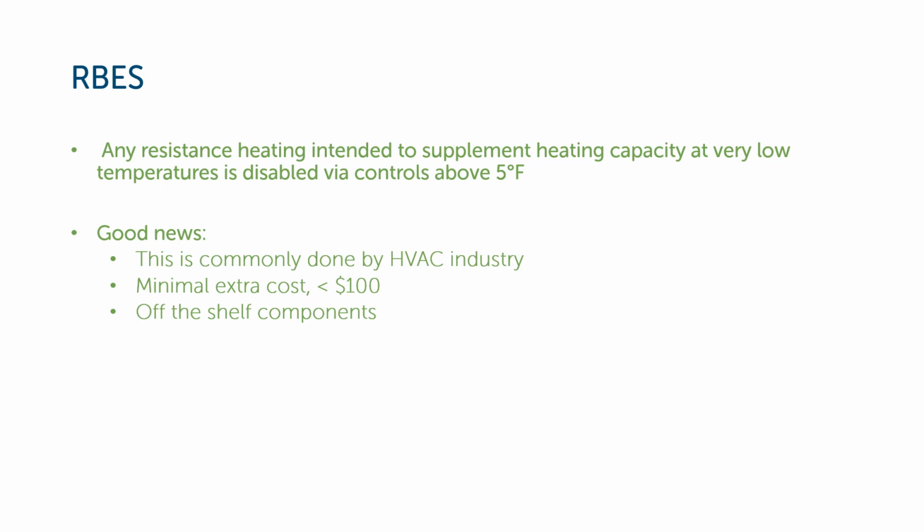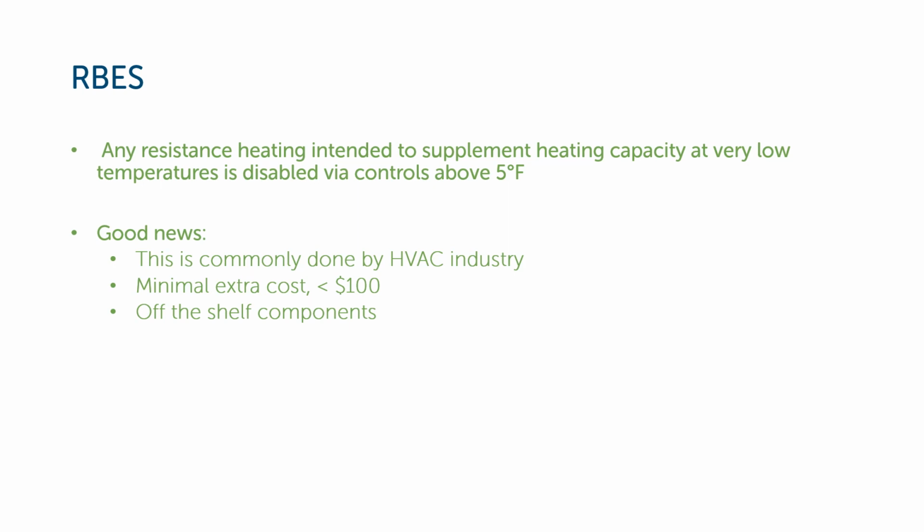Any resistance heating intended to supplement heating capacity at very low temperatures is disabled by controls above 5 degrees Fahrenheit, which means if we've got a heat pump with an electric duct heater as the backup for when it's too cold for the heat pump to operate properly, that heater has to have a control that keeps it from operating when the outdoor temperatures are above 5 degrees Fahrenheit.